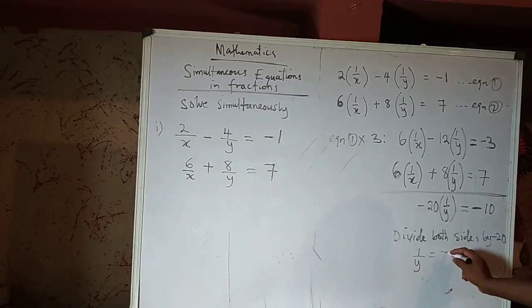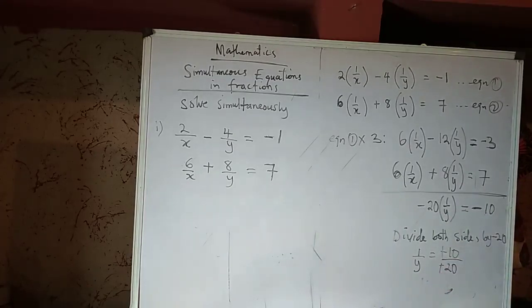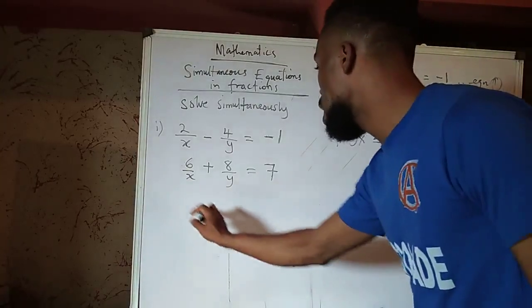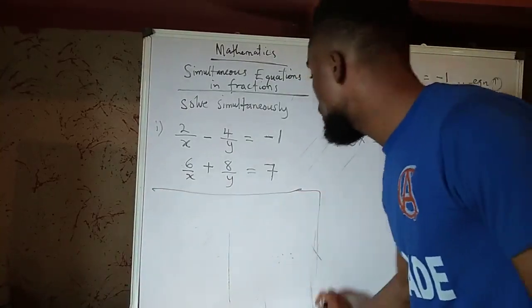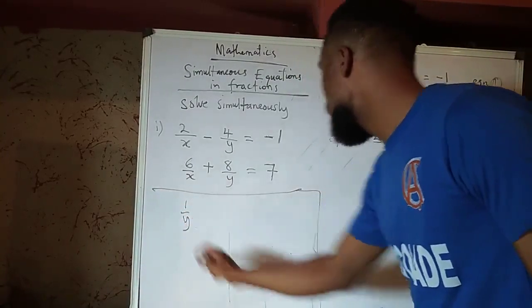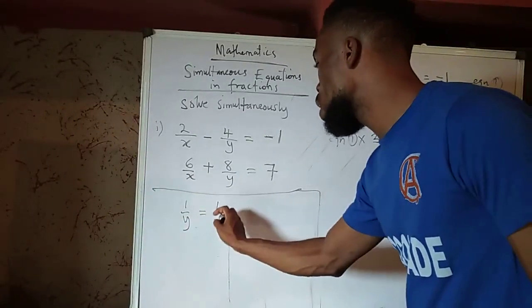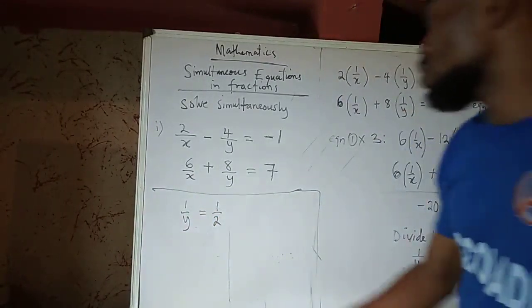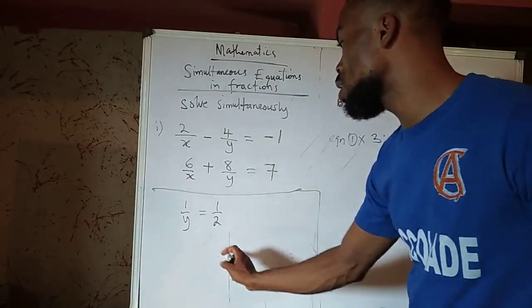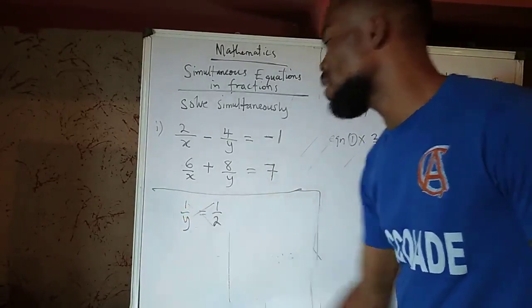And I will be left with minus 10 over minus 20. Okay, so the minus will cancel to become plus, and 10 divided by 10 will cancel. I can't go further down. That means I'm going to have 1 over y equals 1 over 2.